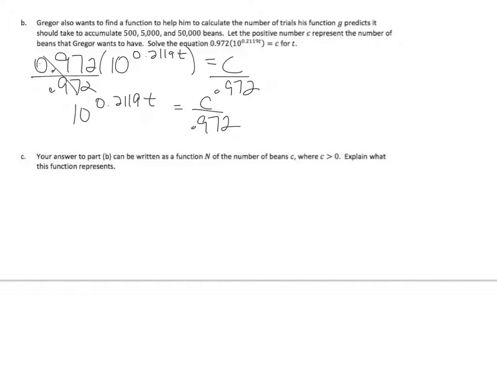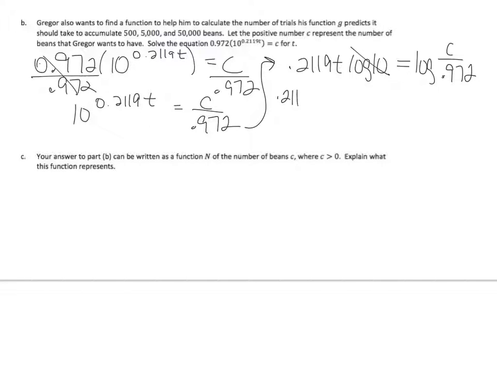Cool. Now I'm going to take log of both sides. So 0.2119 T log of 10 equals log of C over 0.972. Log of 10 is 1, so I have 0.2119 T equals log of C minus log of 0.972.